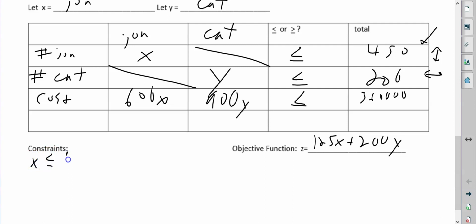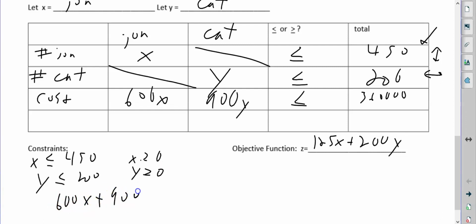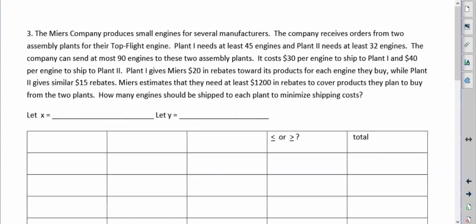X is less than or equal to 450. Y is less than or equal to 200. This reminds me of these, also vertical and horizontal lines. The axes, basically. And then we have 600x plus 900y must be less than or equal to 360,000. That's it.